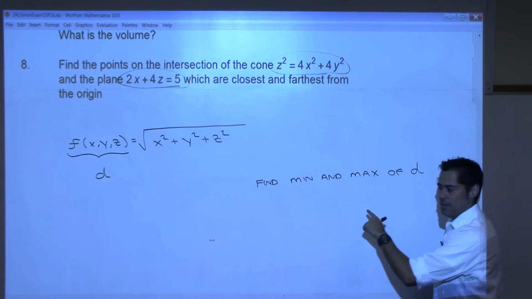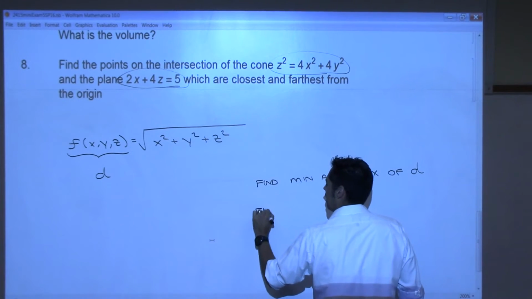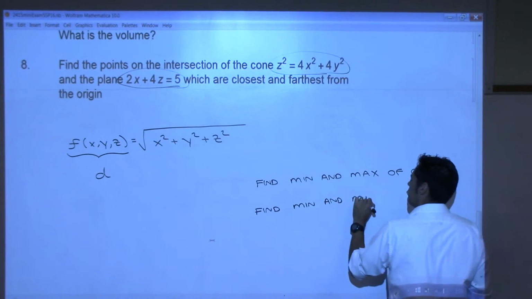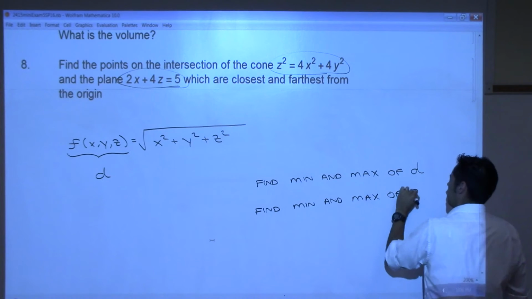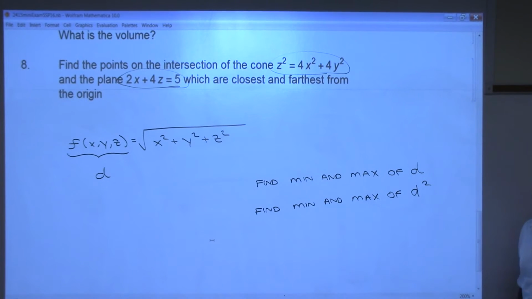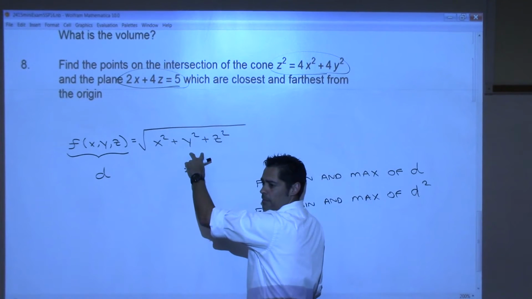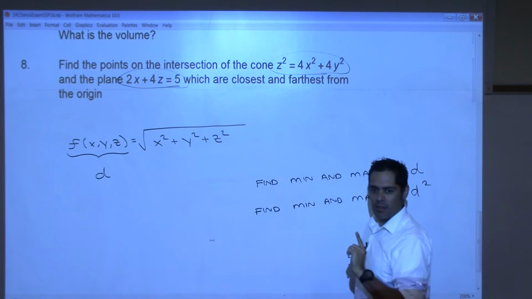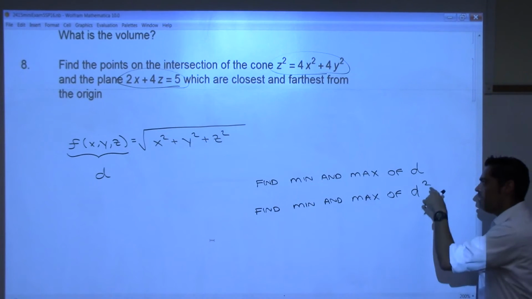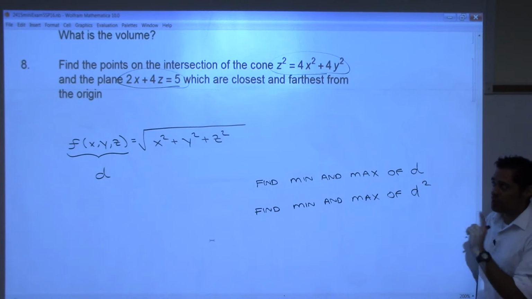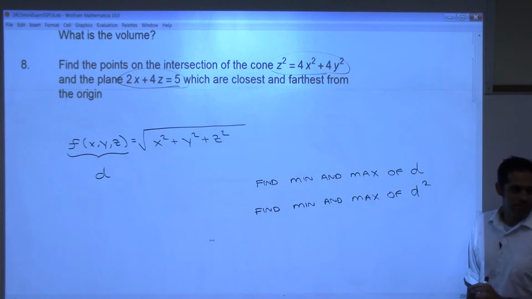This is equivalent to finding the min and max of d squared. In other words, the highest and lowest points of this function are also the highest and lowest points of this function, which means that you can square it to start the problem.